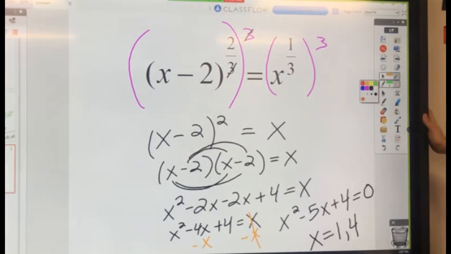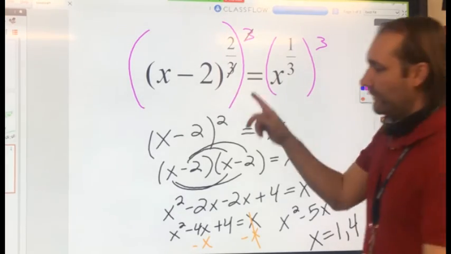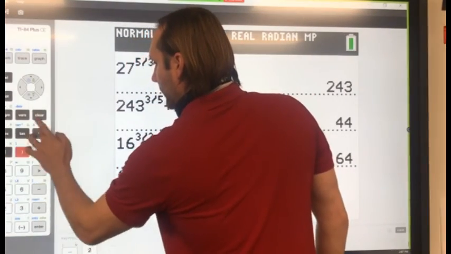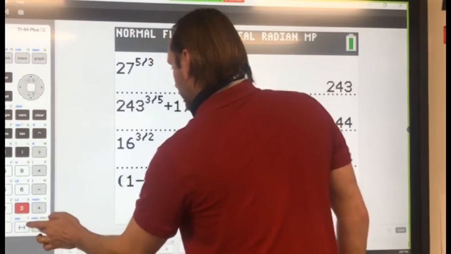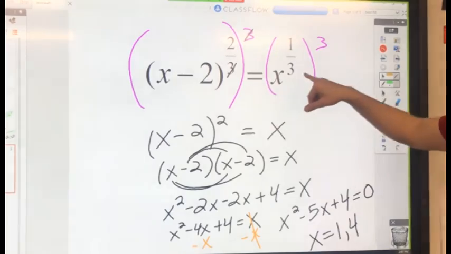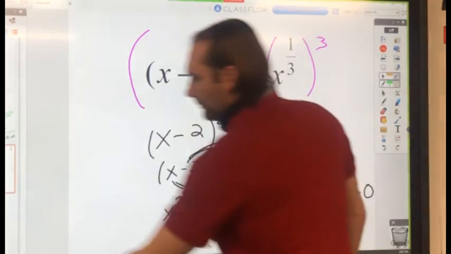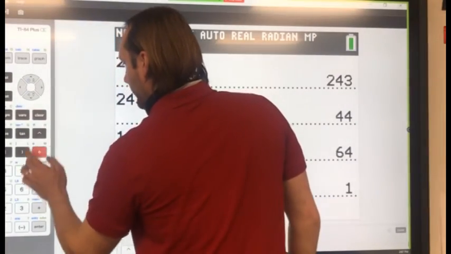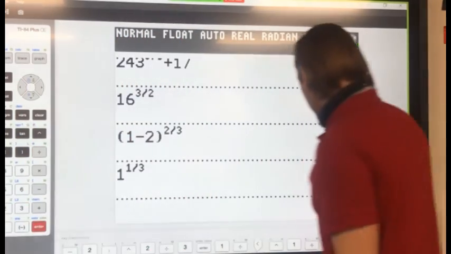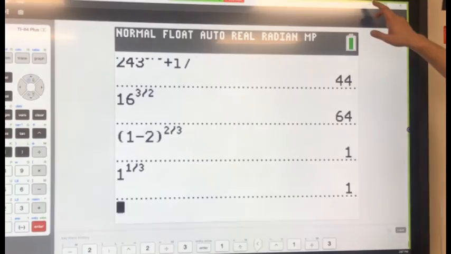Then we've got to test. So 1 minus 2, raised to 2/3, is 1. And then 1 raised to 1/3 is also 1. So 1 works out.